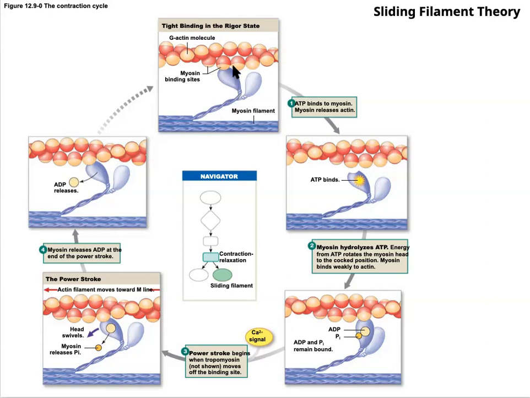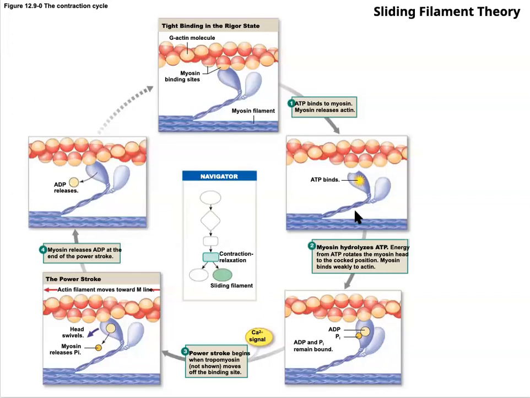And in living muscle, this rigor state occurs only for a very transient period, okay, before the next phase in the cycle, where ATP binding to myosin head causes myosin to be released from actin. So myosin head detaches from actin.